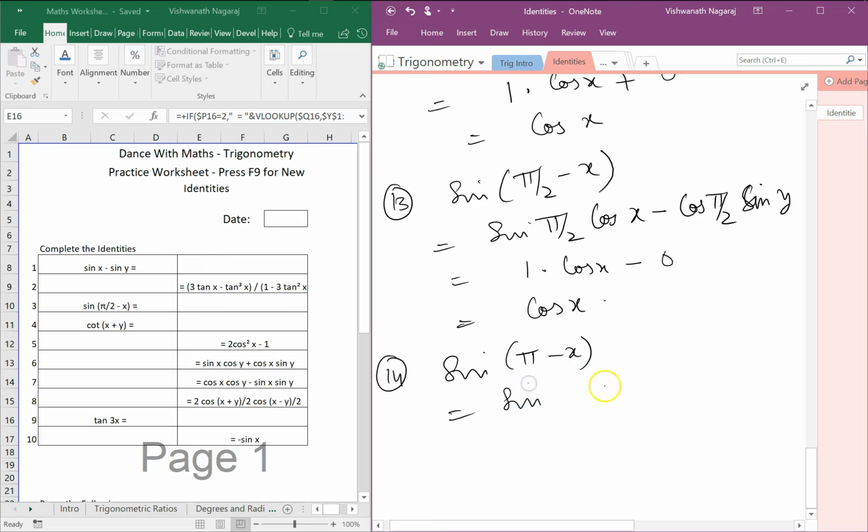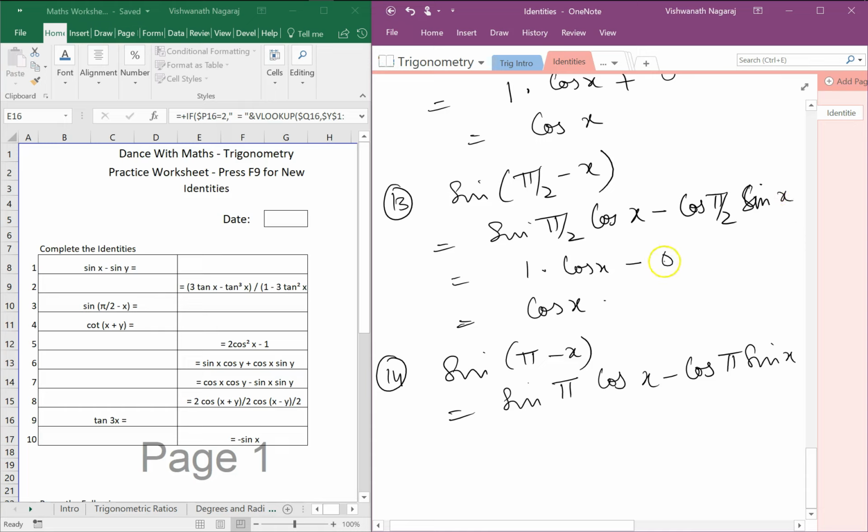So what this means is that you really don't have to mug up or remember all these things by heart. You just have to remember a few of the identities, and the rest you can derive it on the fly. Okay, so sin pi minus x is sin pi cos x minus cos pi sin x.